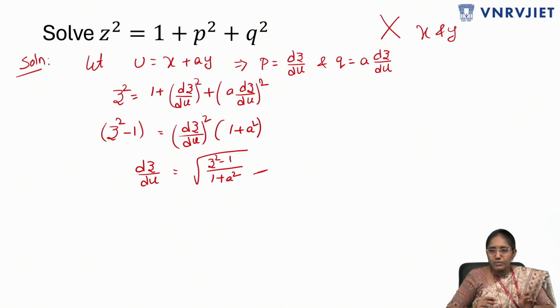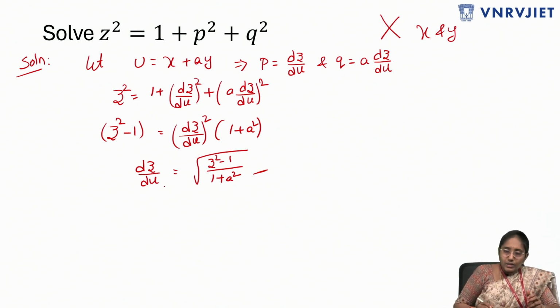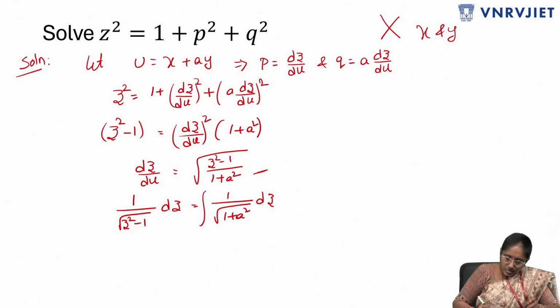Applying the variable separable method, you can write all z terms on one side and u terms on the other side: 1/√(z² − 1) dz = 1/√(1 + a²) du.